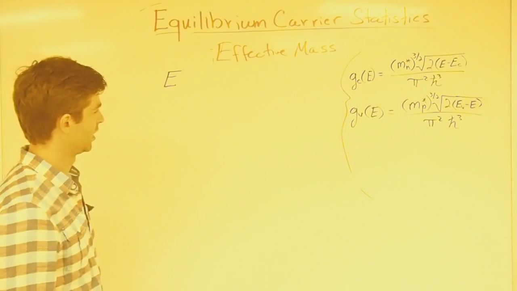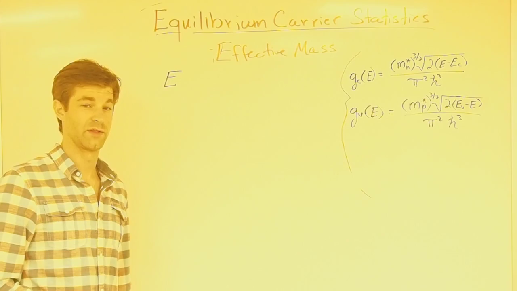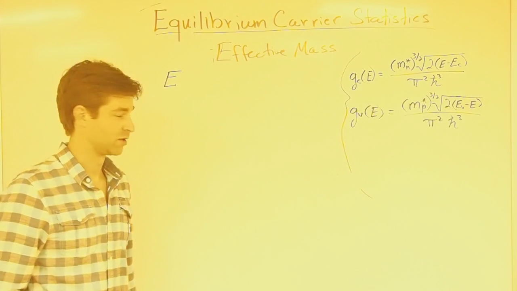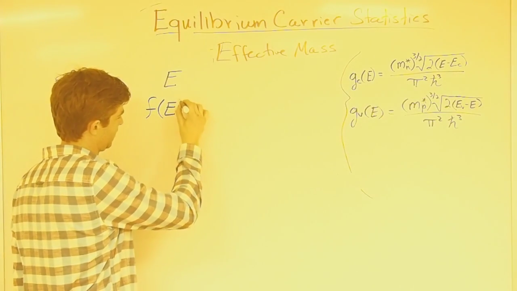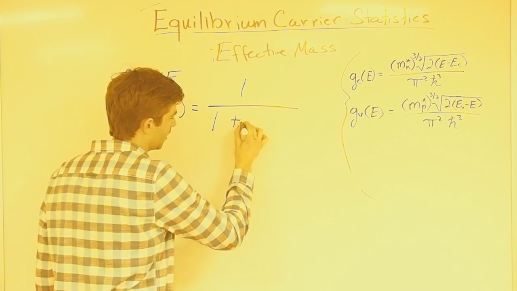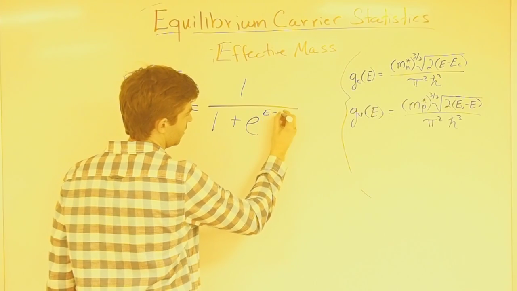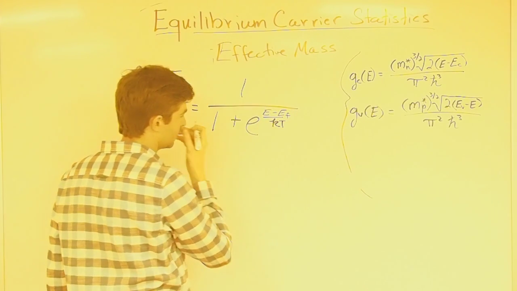The first relation we're going to talk about that we didn't talk about last week is the Fermi function, which is f(E), and that is equal to 1 over 1 plus e to the (E minus E_F) over kT.